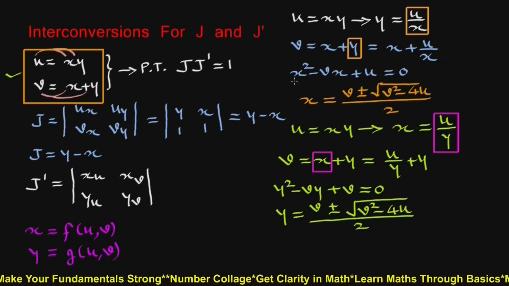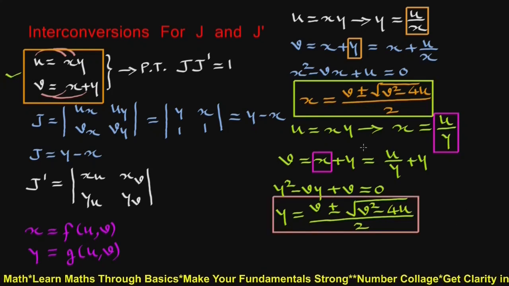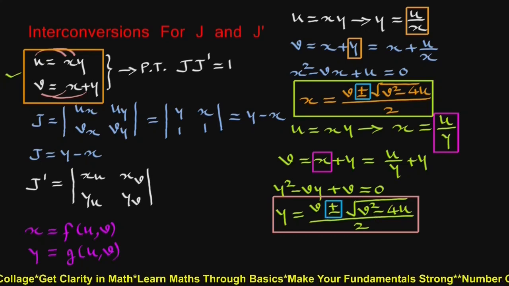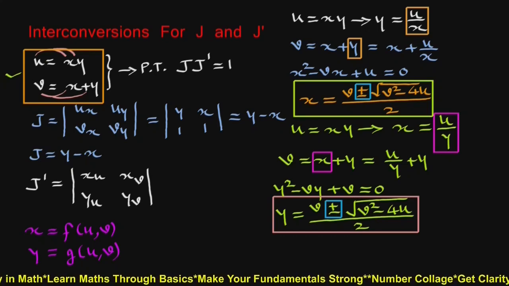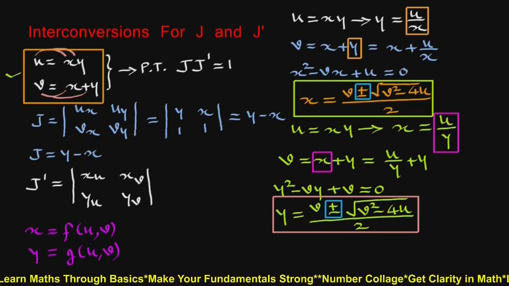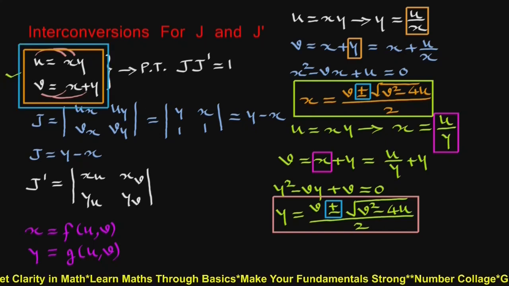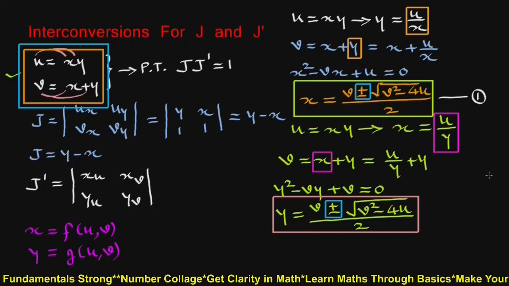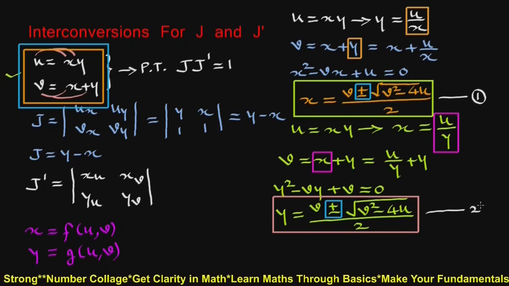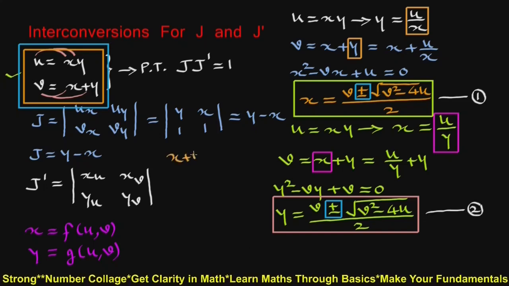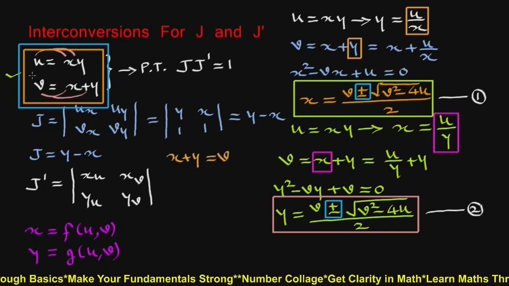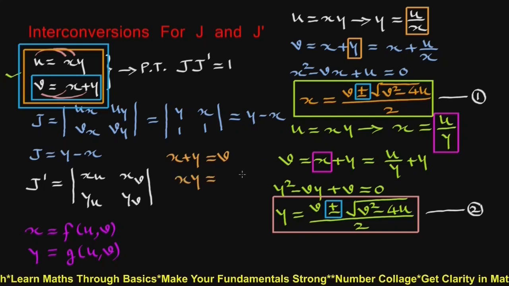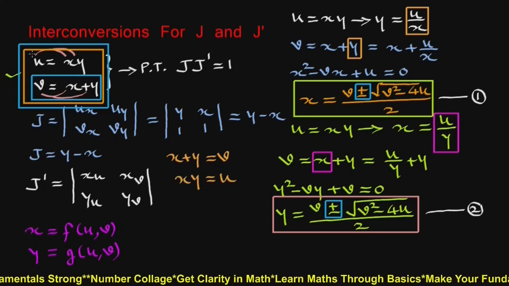In the solutions of x and y, we have two values of x and two values of y. But we have to choose those values of x and y which are consistent with this given data. We see that if we take positive sign in equation 1 and negative sign in equation 2, we get x plus y equals v, which is same as the value given in the data, and xy equals u, which is same as the value given in the data.